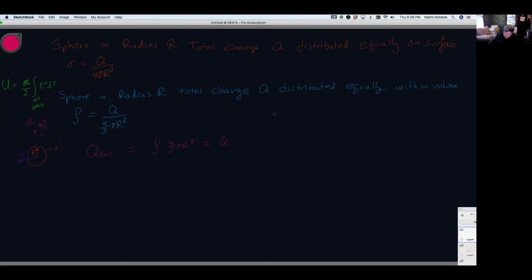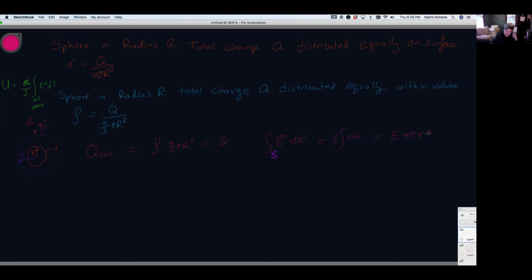So the integral of E dot dA over our Gaussian surface, in purple, is just the integral of E outside, bring the E outside, dA over that sphere, and we know that the integral of dA just adds up to 4 pi r squared, little r, because it's the surface area of the Gaussian sphere.